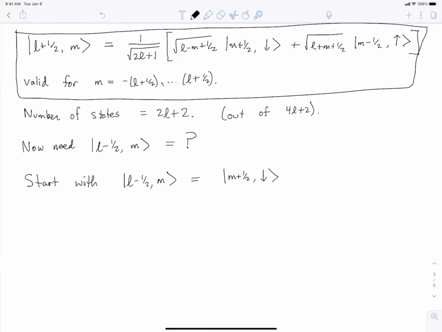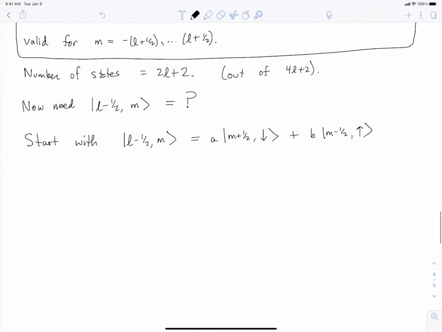And then the other thing it could possibly be, and I'm going to leave some space here for a coefficient, is m minus 1/2 up arrow. So I don't know what linear combination this is yet, so I'm just going to call these constants a and b. Okay, but there's nothing else it could possibly be. And so now we need to find these constants.